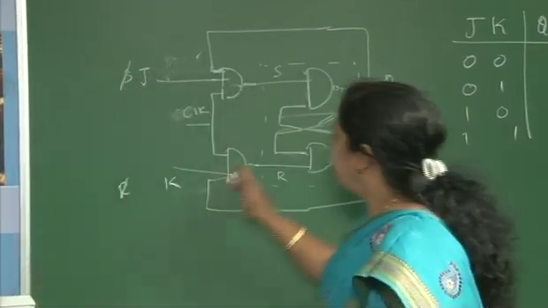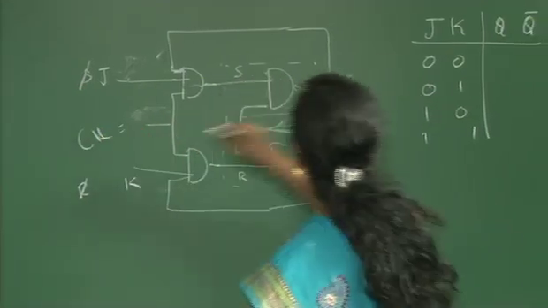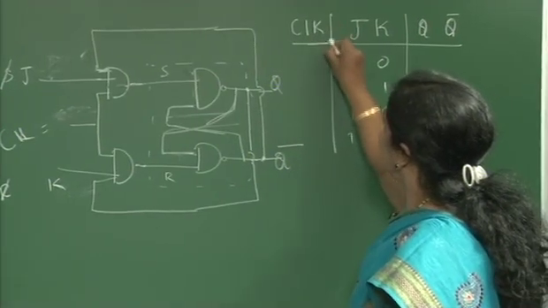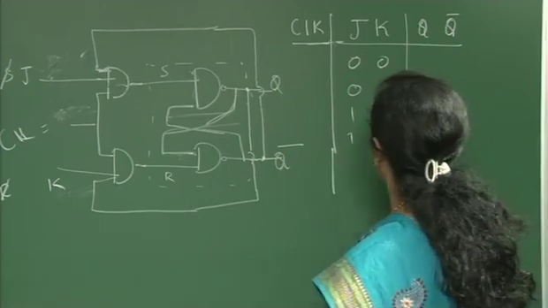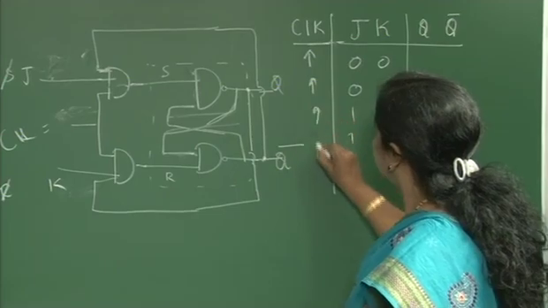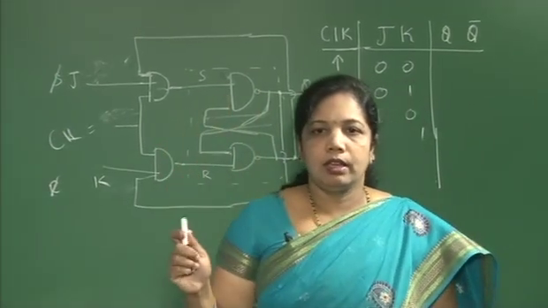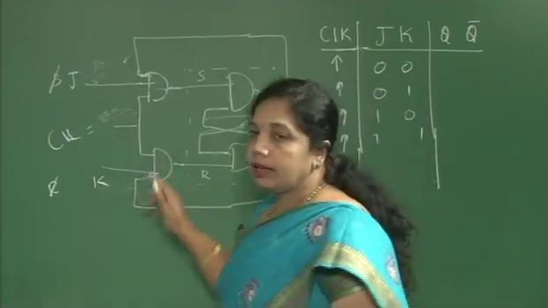And here we have an additional input called clock, so I write clock here. Whenever clock is high, this upward arrow represents clock high, both the gates are enabled.